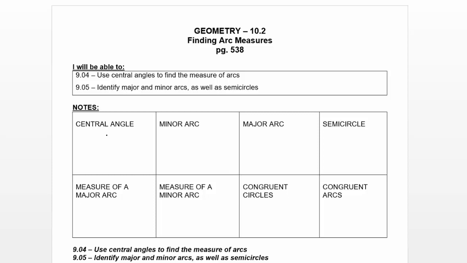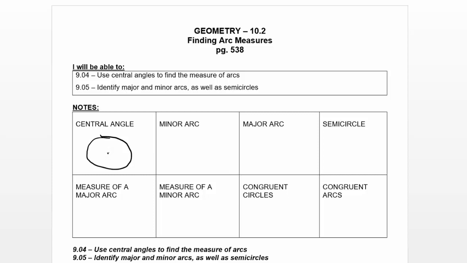I think a central angle is an angle whose vertex is in the center of a circle. So if I have a circle, well, that is not a circle. How about something that's more circle and less like potato shaped? And that is also not a circle, but close enough. A central angle is an angle whose vertex is right in the center of a circle.